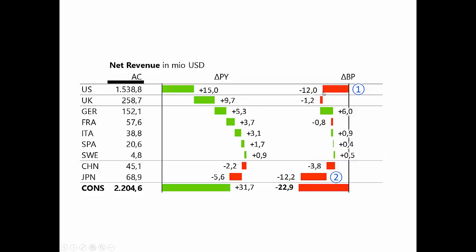So we also understand that this is now below the budget, a little bit also in the UK. Then we had some better performing countries like Germany and so on, but still we end up with a negative total result.